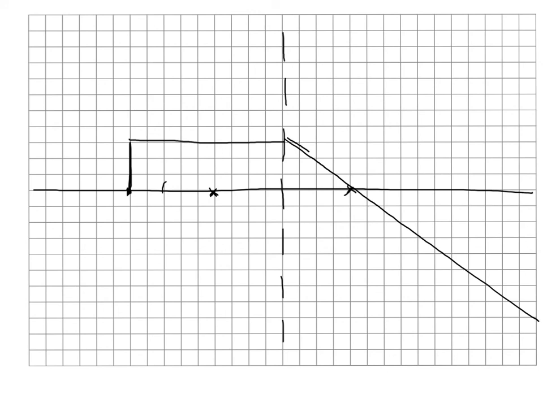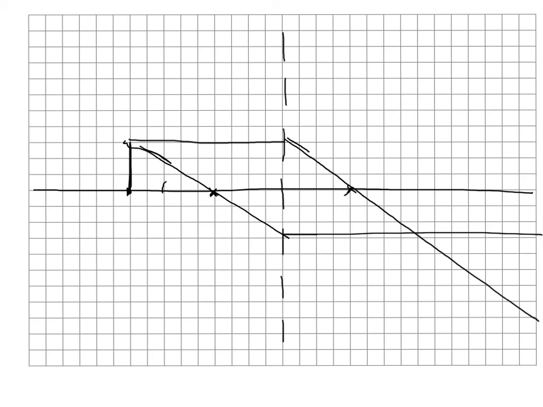Okay, so that one is going to come down through here. Let me redraw that. So it hits the lens there, and then goes out parallel to the optic axis on the far side of the lens.